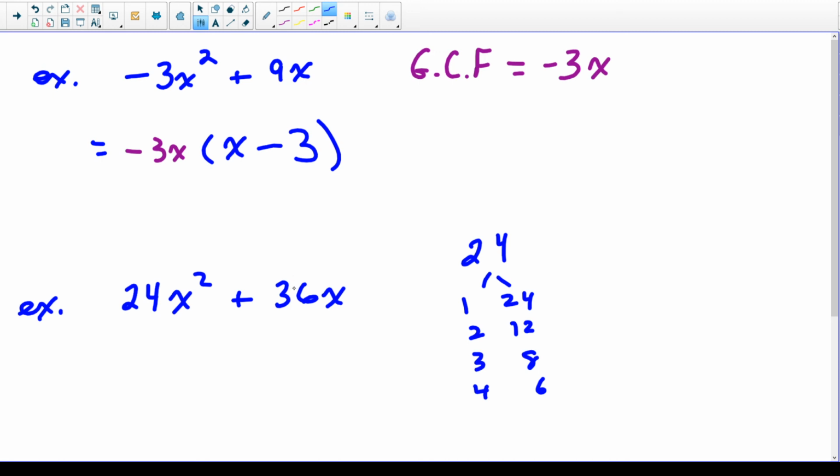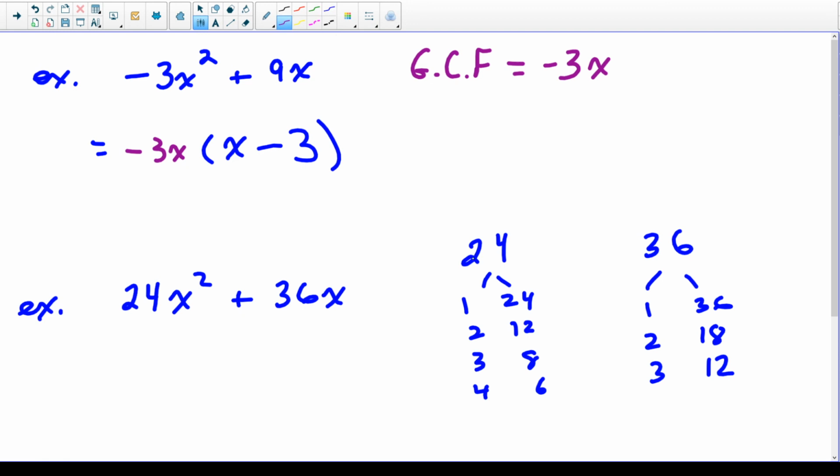Well, I'm hoping you see that 36 is 6 times 6. Okay, and that's going to be the greatest common factor, or is it? Wait a second. 36 is also, and this is what I was talking about, we've got 1 and 36. 2 and 18. 3 and what gives 36? 3 and 12 gives 36.